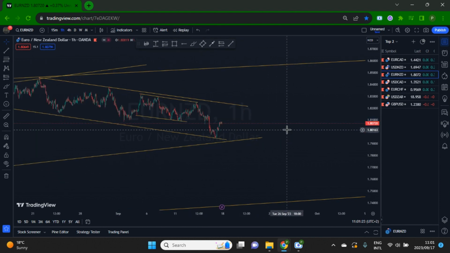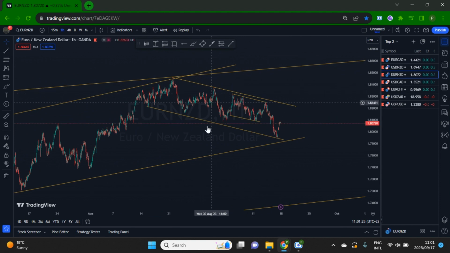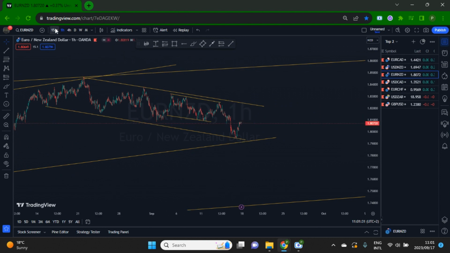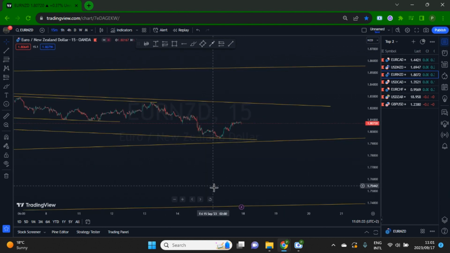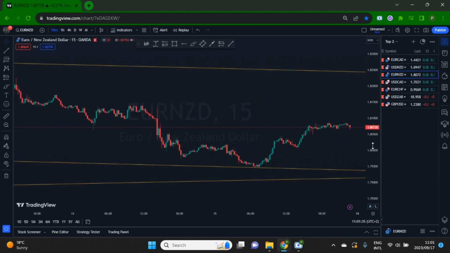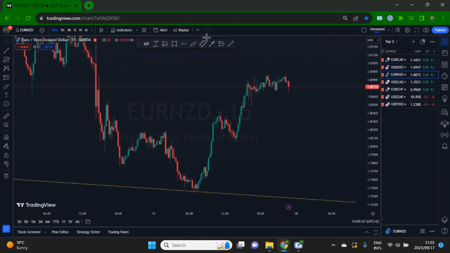So it's still trickling, moving in this trend, in this channel, right? I'll let it play out. So far, if I wanted to go into the trade with this currency pair, I'd go with this one over here. And then I'll look to buy.